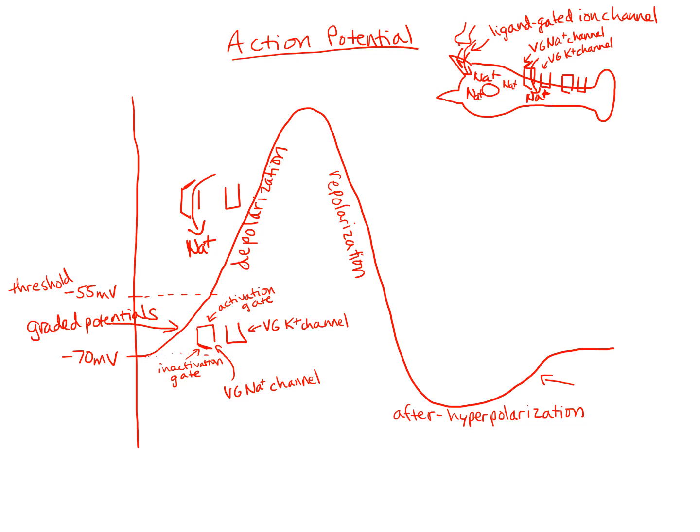And as sodium comes in and depolarizes the neuron, that's going to trigger the opening of more voltage-gated sodium channels, and that means more sodium will come in, and that'll depolarize the cell more, and then that'll trigger more voltage-gated sodium channels to open, and then we depolarize more, and so you can see that we get positive feedback going on.